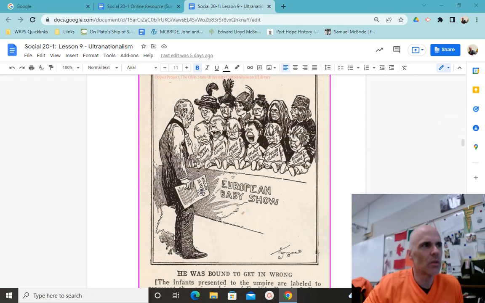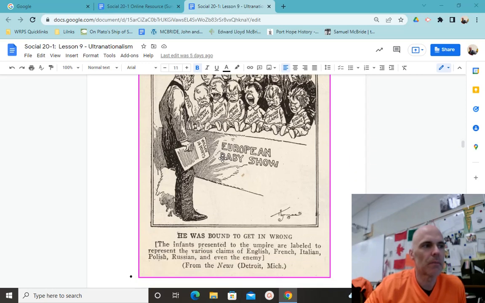This one makes Wilson appear to be maybe the adult in the room, with a vision of 14 points, but it's the chorus of others, the chorus of the English and the French and the Italians and the Polish and the Russians that are putting claims forth that is making the peace process more difficult. The infants presented to the umpire are labeled to represent the various claims of the English, French, Italian, Polish, Russian, and even the enemy.